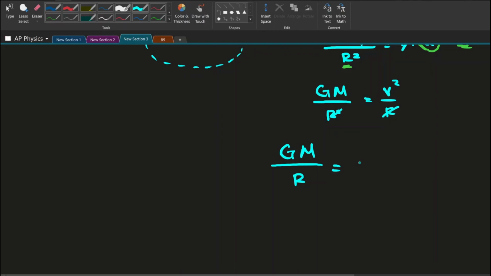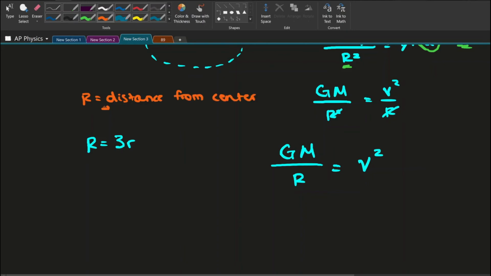Now previously we wrote an expression where we said big R is equal to 3 times the radius of the Earth. And I'll just remind everyone that big R in this case is the distance from the center of Earth to the center of the satellite.